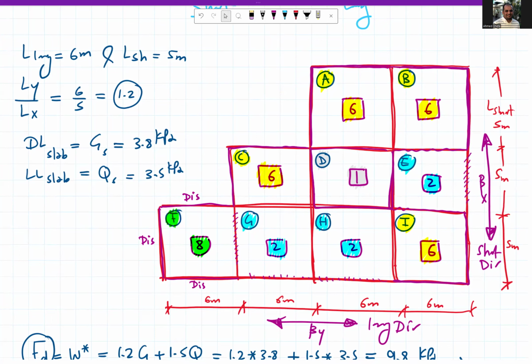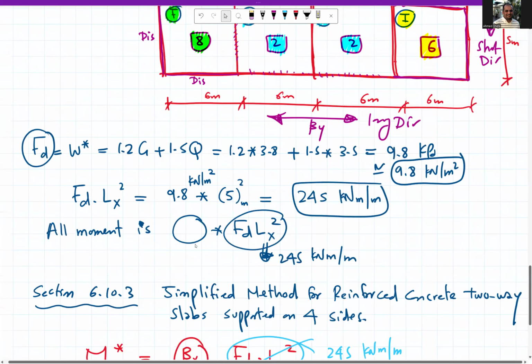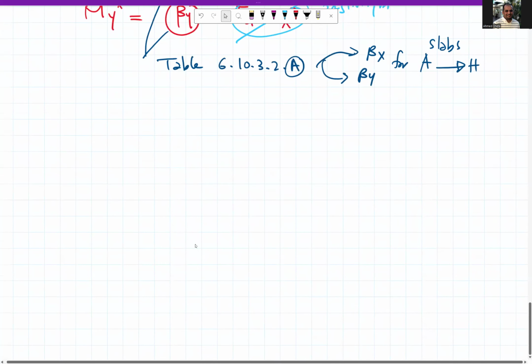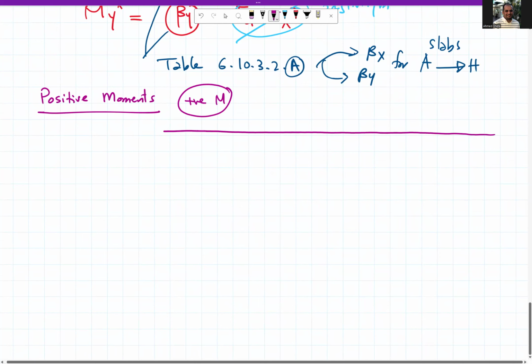Okay, so now we can create a table with factors and so on to make it easier for us. So for the positive moment, we have this table.